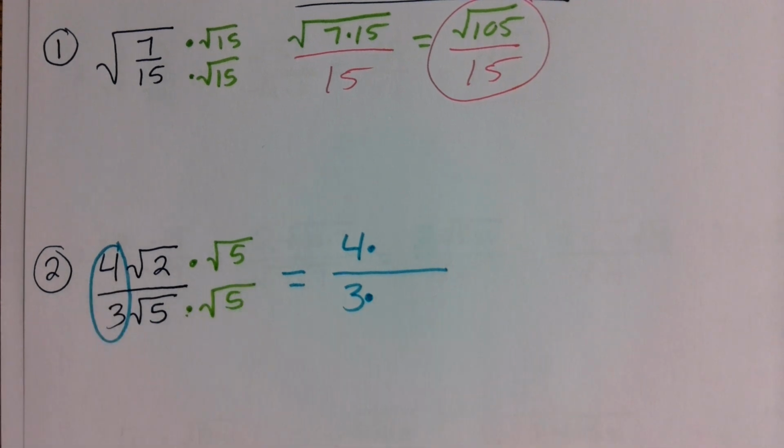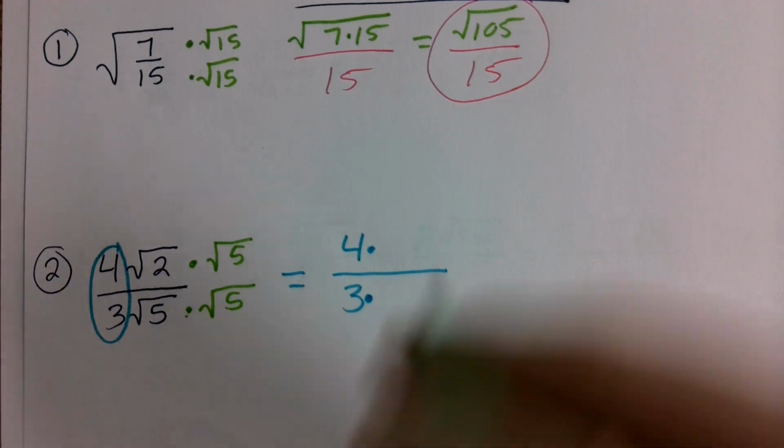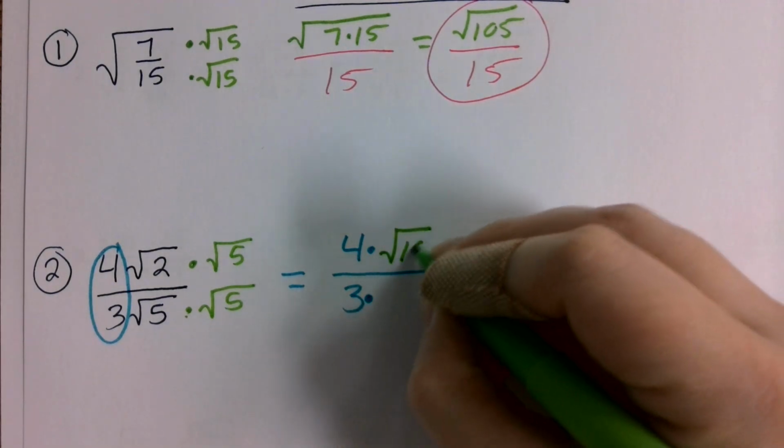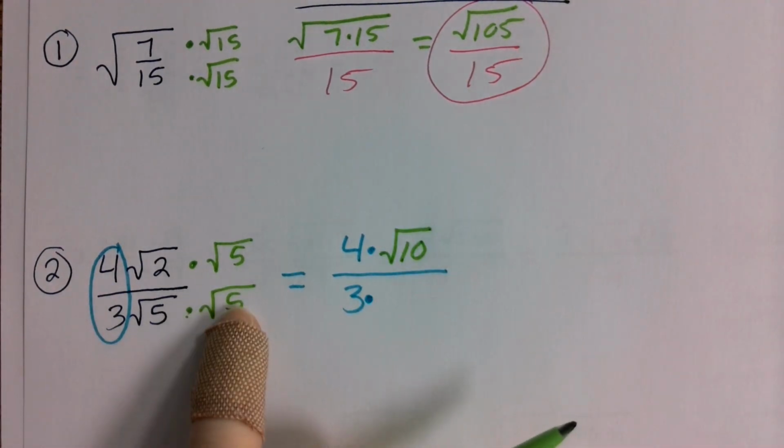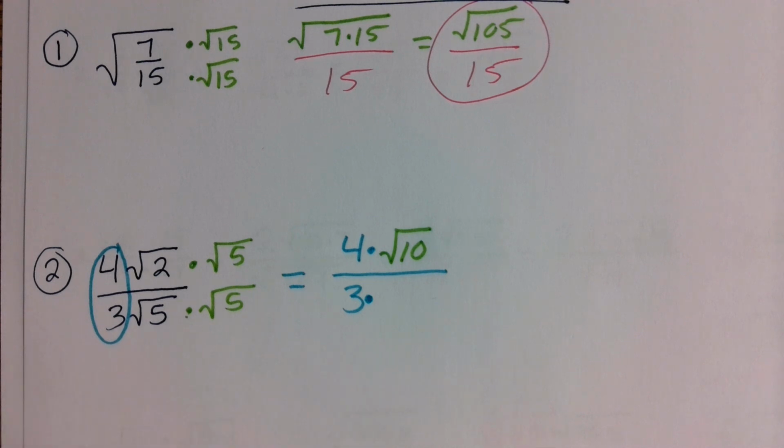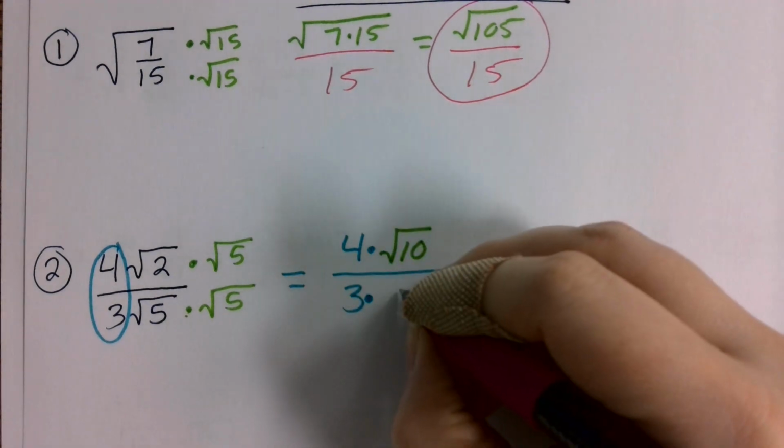What's 2 times 5? 10. Is that perfect or non-perfect? Non-perfect. So we're going to go ahead and put square root of 10. And then square root of 5 times square root of 5 is just 5. Okay, it's 25, square root of 25, but then square root of 25 is 5.